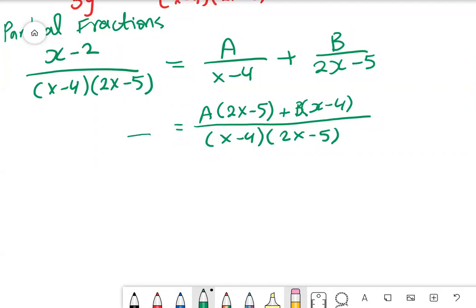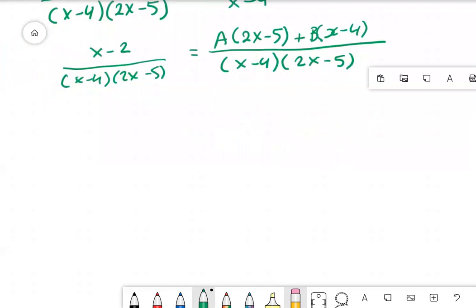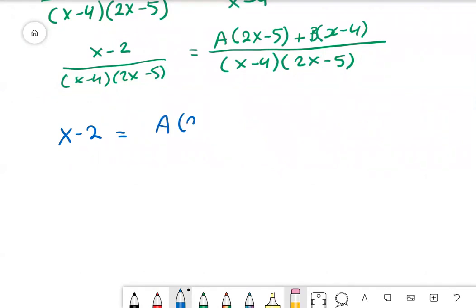So that's equal to this side here, x minus 2 over x minus 4 times 2x minus 5. We did this before anyway, so I hope that you remember it. So now that means we can equate the numerators together. So therefore, x minus 2 equals a times 2x minus 5 plus b times x minus 4.